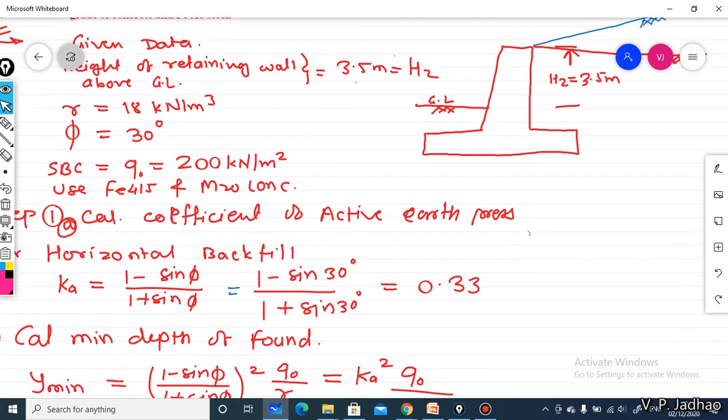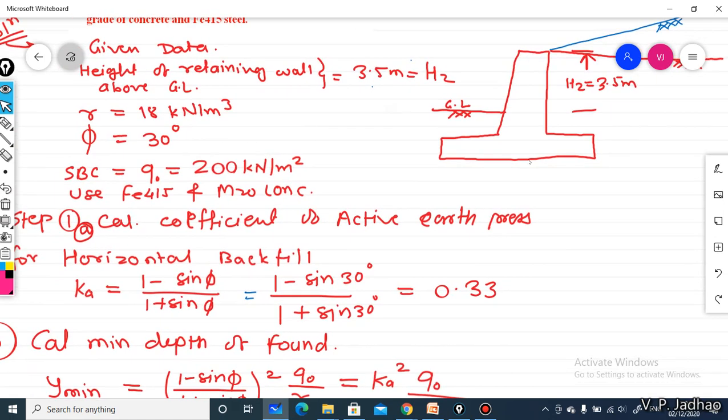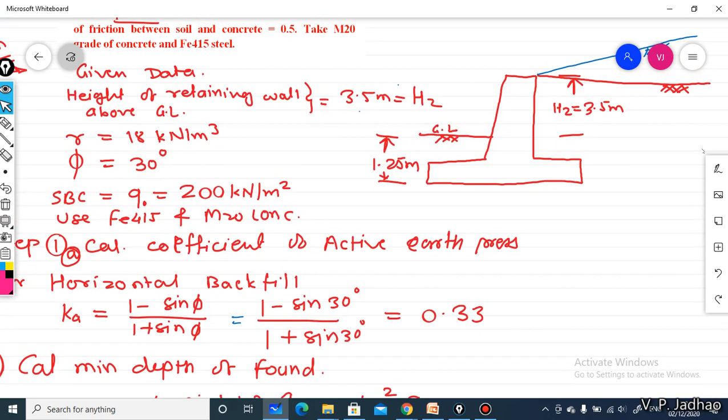So we have got this value of 1.25 meter, that is, the depth of the foundation is 1.25 meter. Let us consider this as h1, equal to 1.25.